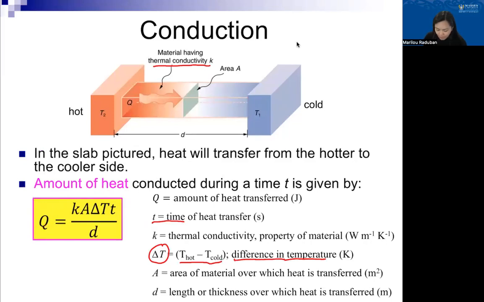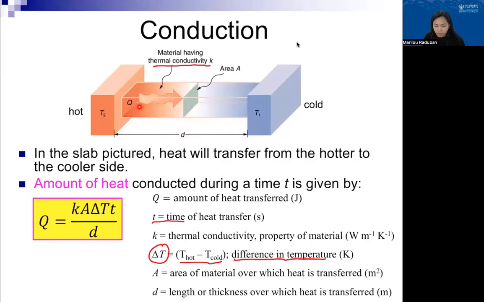Okay. And finally, we have this distance d. So this distance d is how far the objects are from each other, or how thick the object is. So if you think about it, the thicker the object is, the less heat is transferred, because then heat needs to travel over this distance.